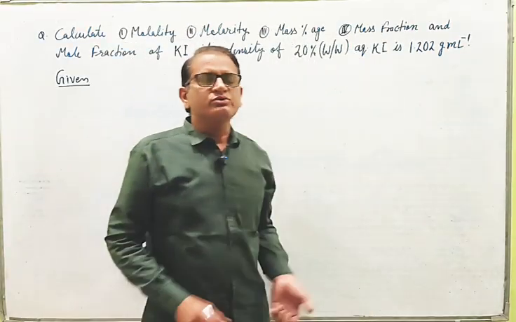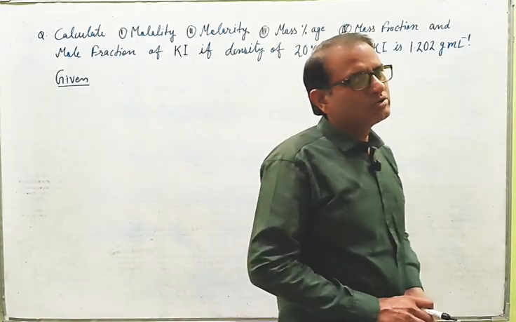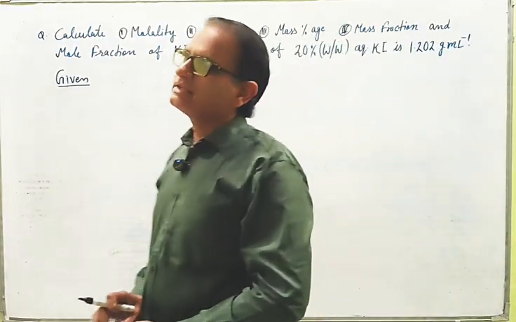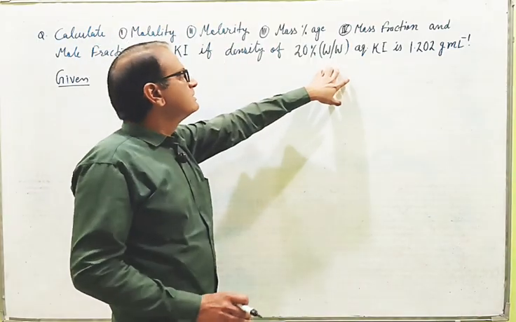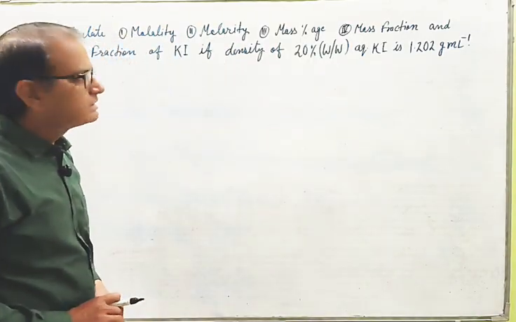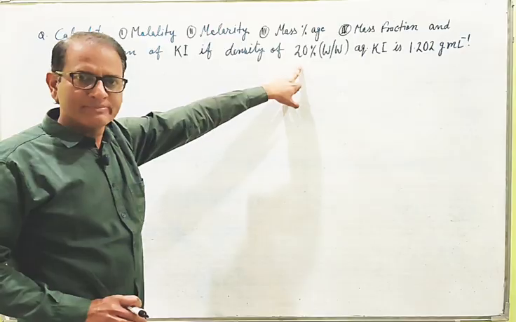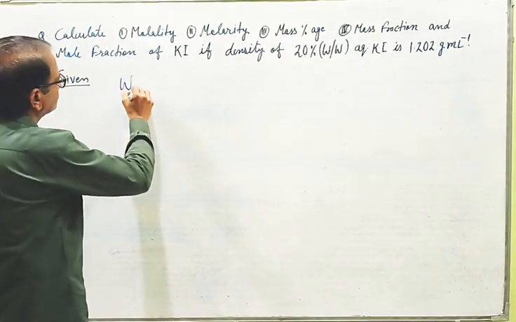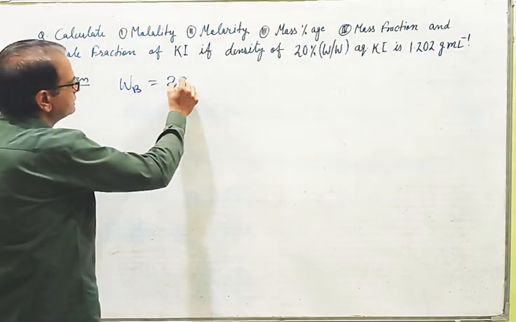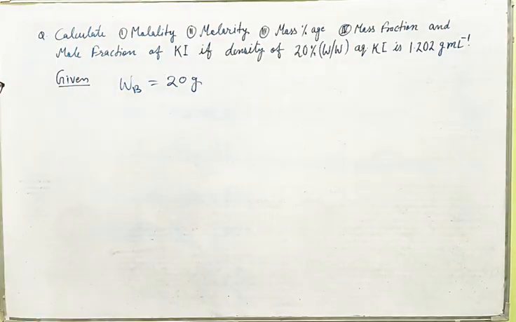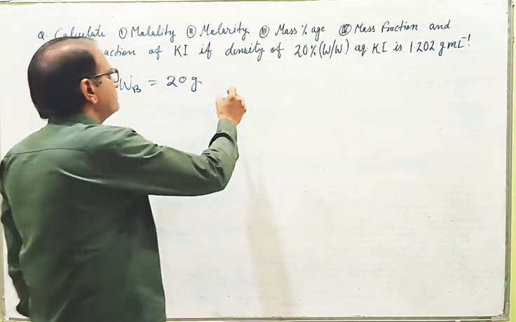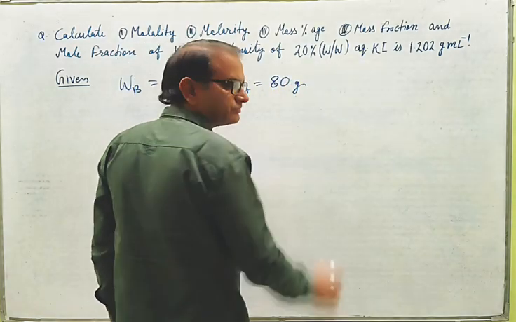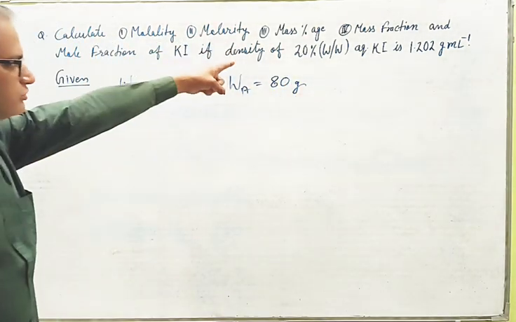Here we will take 100 gram of KI solution. Then according to this statement, the amount of KI will be 20 gram. So Wb is equal to 20 gram, and Wa will be 80 gram. Am I right? W by W.